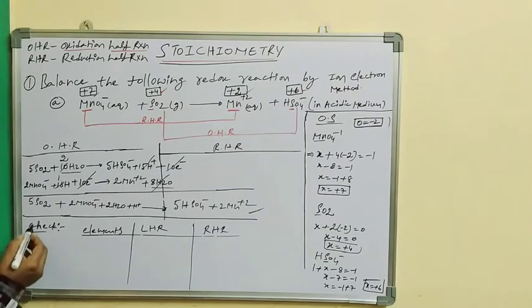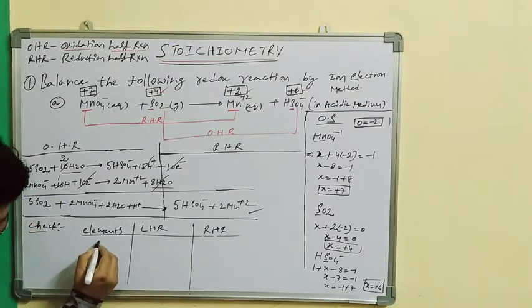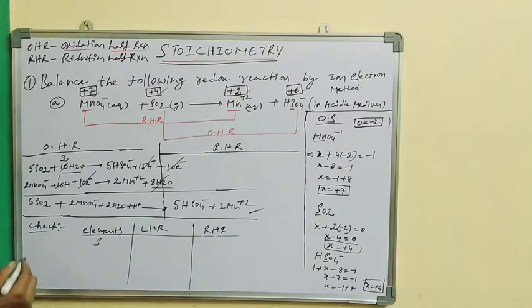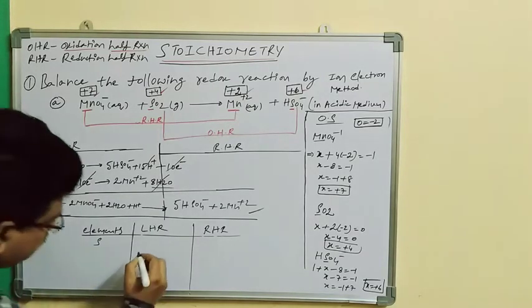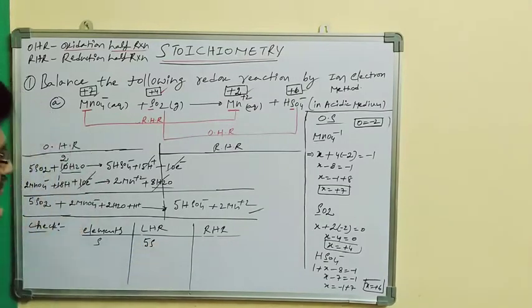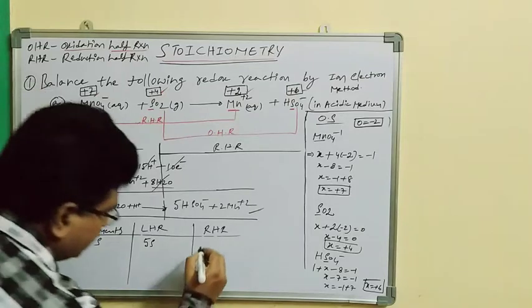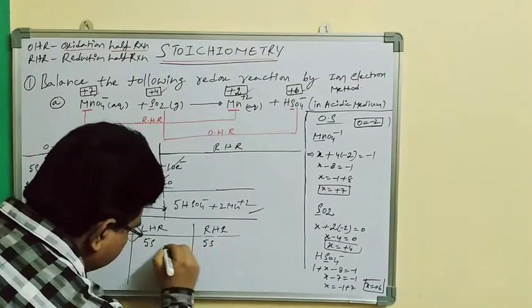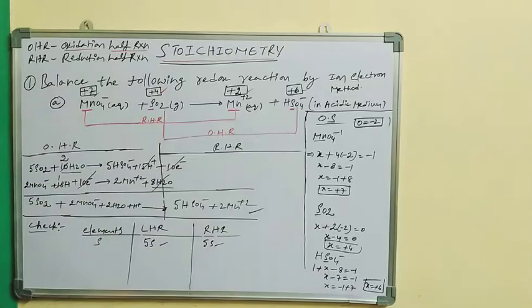I take the first element, sulfur. How many sulfurs are there on the reactant side? 5. On the product side? 5. So sulfur atoms are balanced.